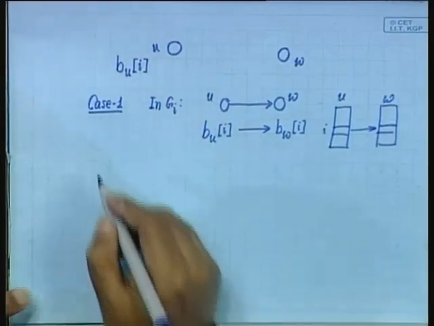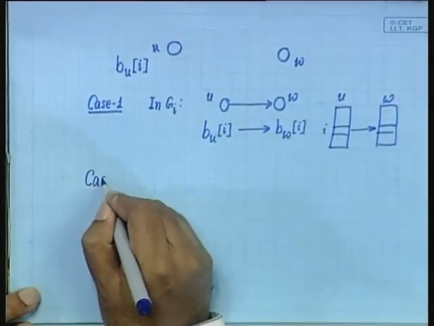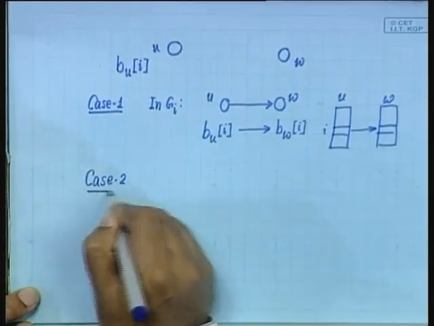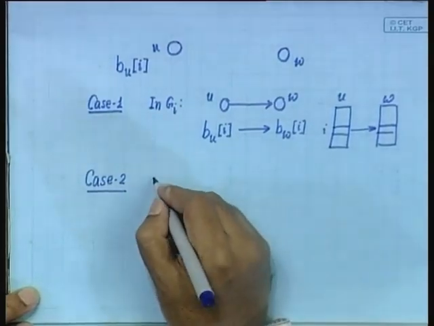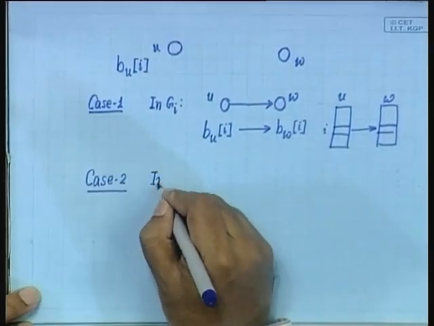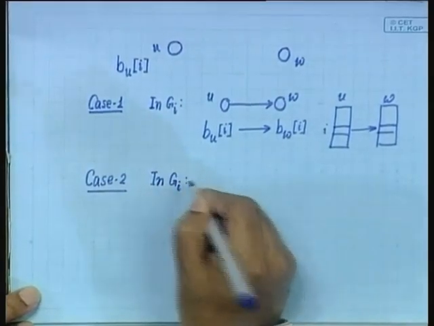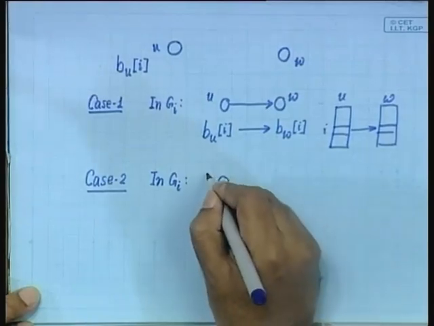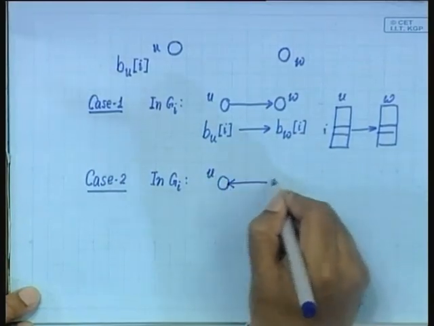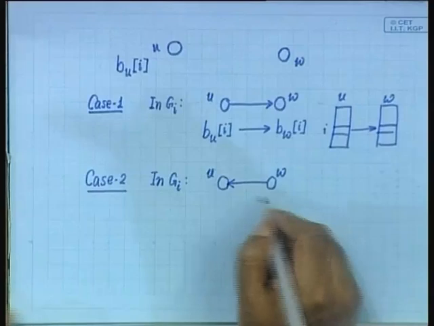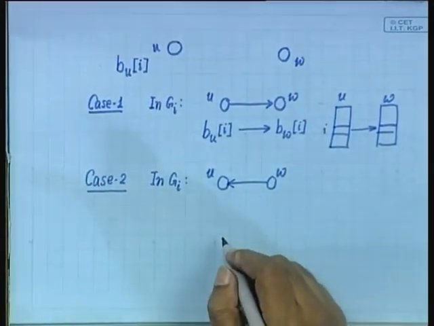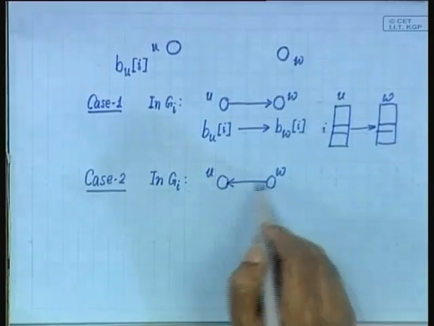And the case 2 is, in gi, suppose it is the other way around, that in gi the edge is from w to u, because it is an orientation, right. The edge can either be in this direction or in this direction.